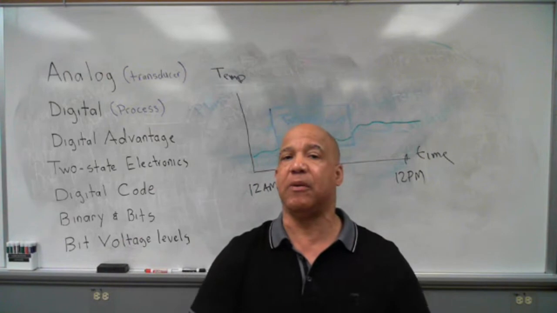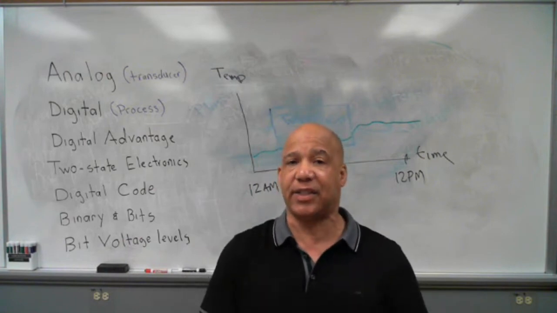So we have to do something with it. We have to basically digitize a signal. So the first thing I want to talk about is how would I digitize a signal, and what do I mean by digital?